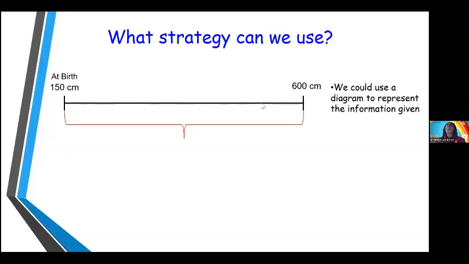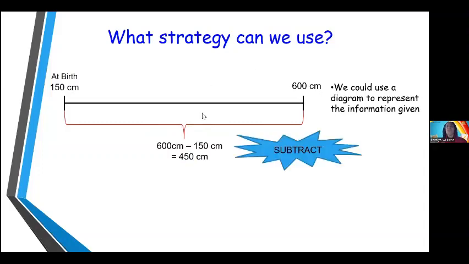One of the things you want to ask yourself here, children, is what is the difference between 150 and 600? So yes, you have your starting point, but what jump did you make to get to the 600 centimeters? To find that out, we subtract to get the difference.